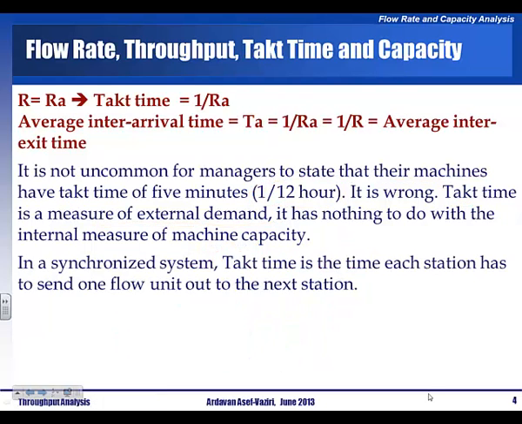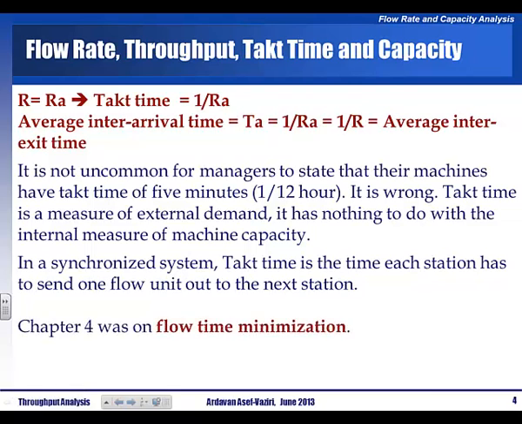In a synchronized system, takt time is the time that each station has to send one flow unit out to the next station. Chapter 4 was on flow time. We tried to minimize flow time. Chapter 5 is on throughput and capacity. We try to maximize throughput and maximize capacity.